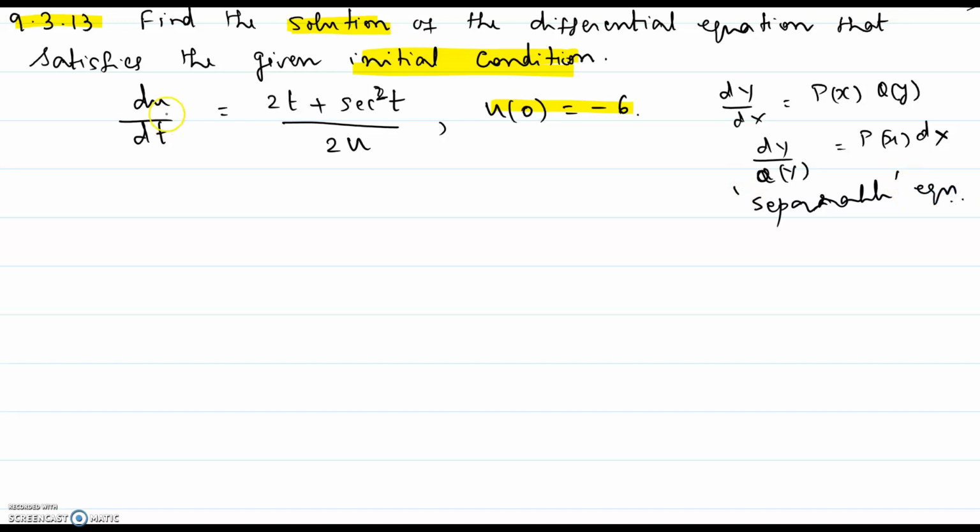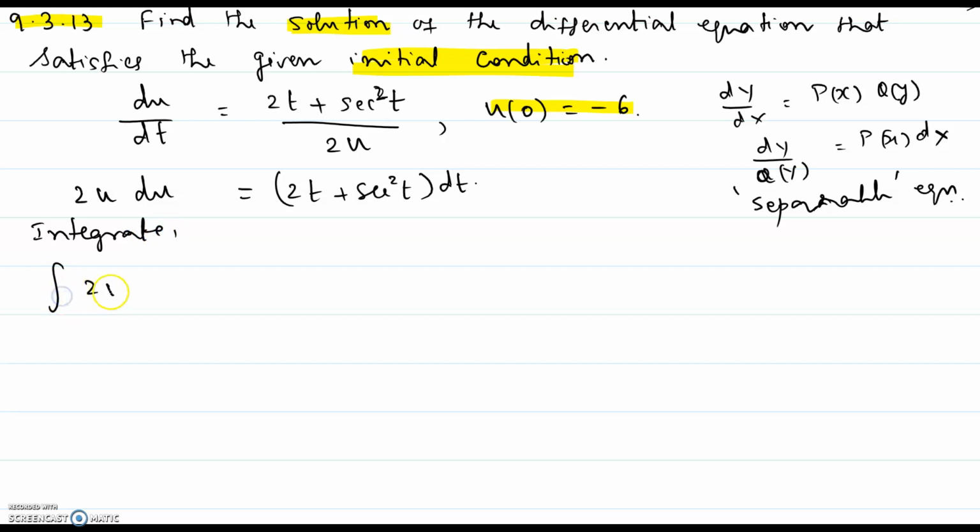So in this case, the variables involved are u and t. We can actually separate the variables here. If you move the 2u to the other side, 2u du equal to (2t plus secant squared t) dt. Now we'll integrate both sides. Integral 2u du is integral of (2t plus secant squared t) dt.